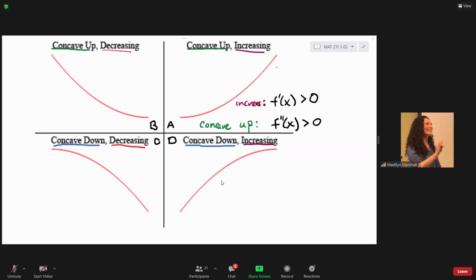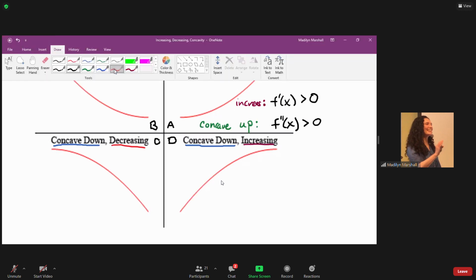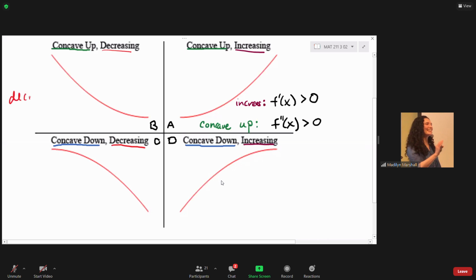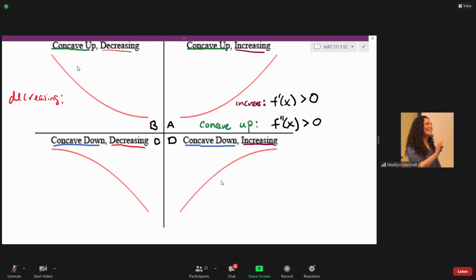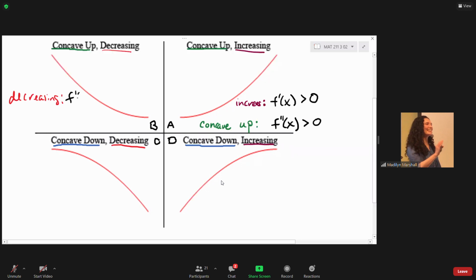So graph B is concave up and decreasing. If a graph is decreasing, does that mean that the derivative is positive or negative?